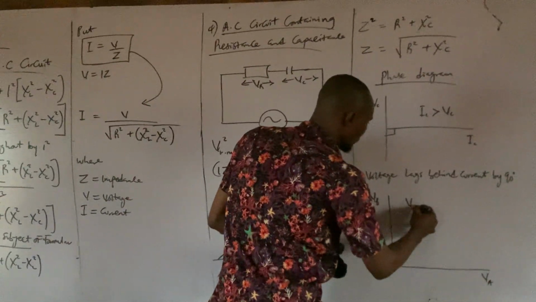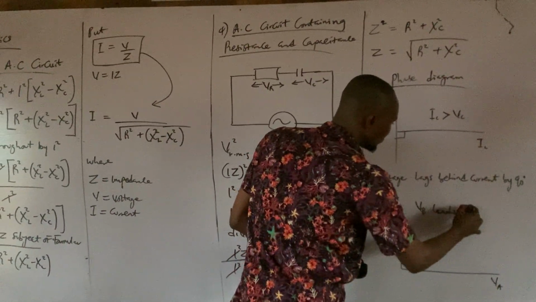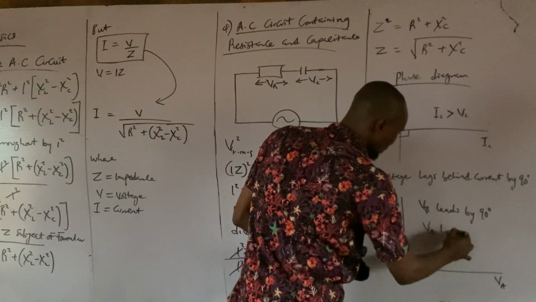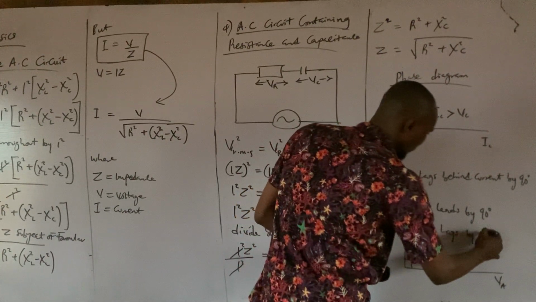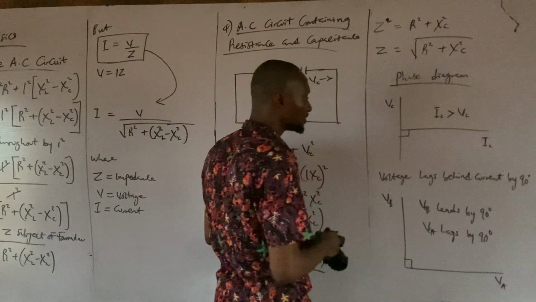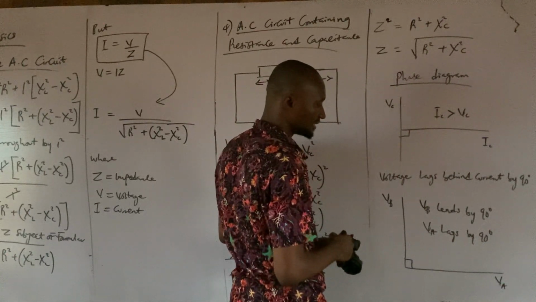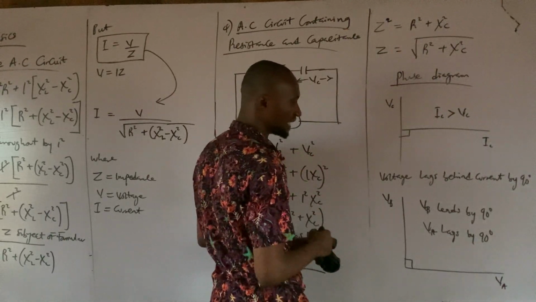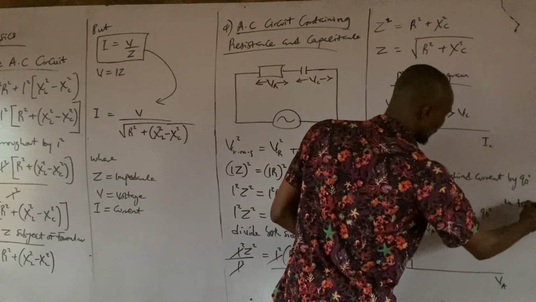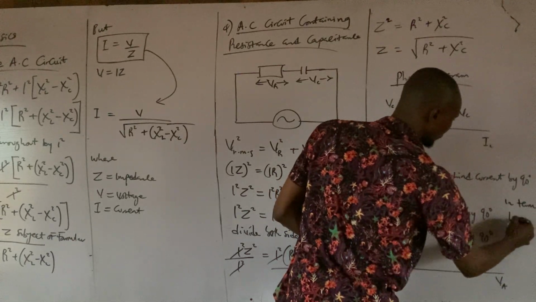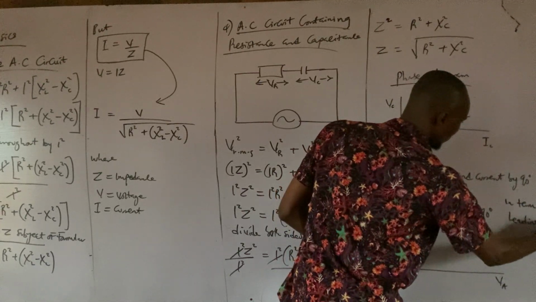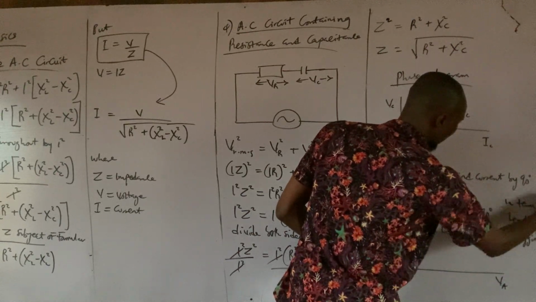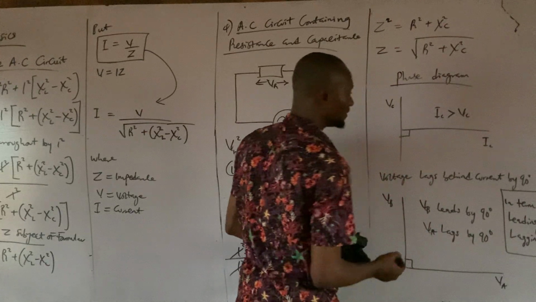So that VB leads by 90 degrees, while VA lags by 90 degrees in terms of leading and lagging. In terms of what? Leading and lagging. Are you there?